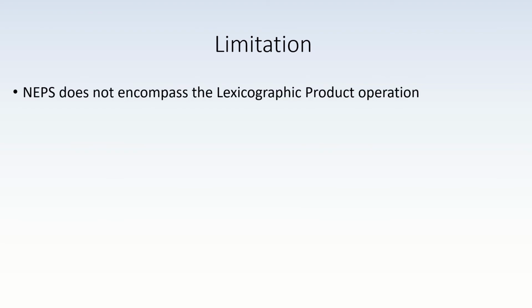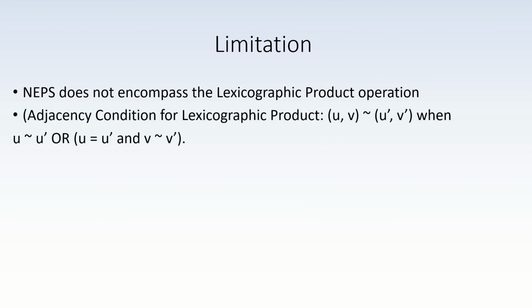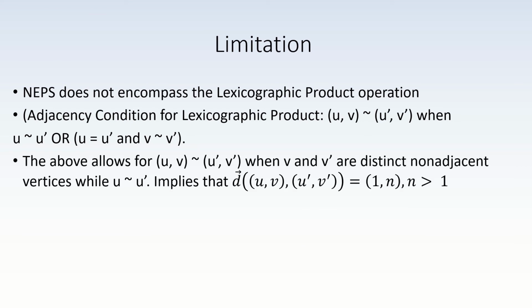To recap, here are the adjacency conditions for the lexicographic product of graphs. Note that these conditions allow for two vertices, uv and u'v', to be adjacent in the product, yet have distinct, non-adjacent right elements. It is the first adjacency condition that allows for this.